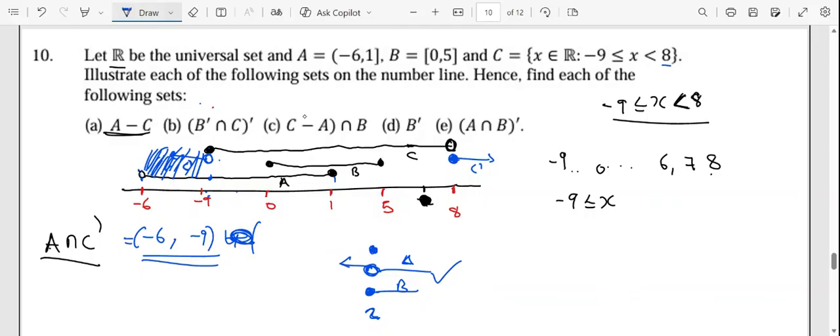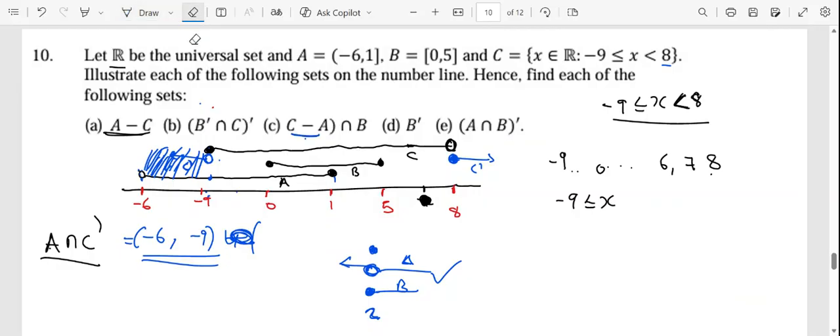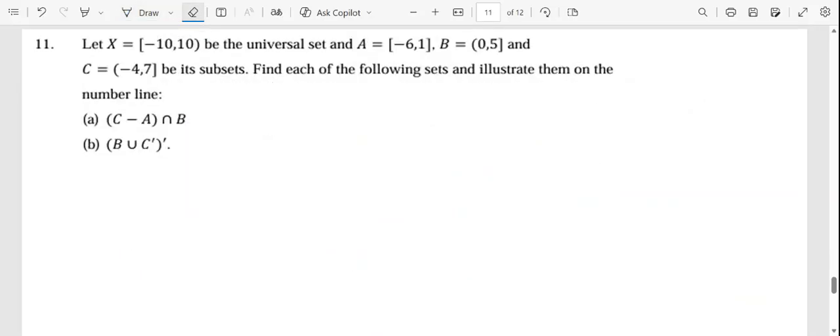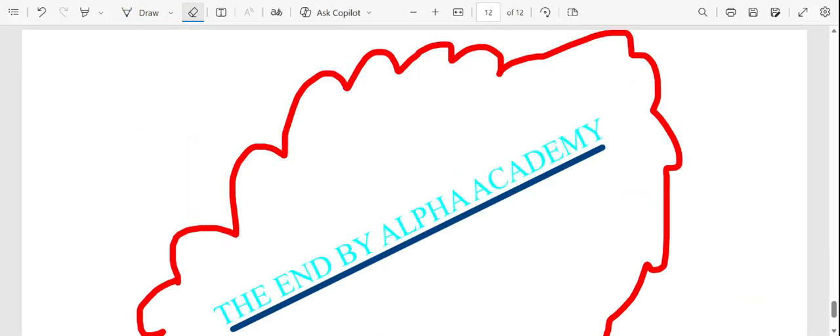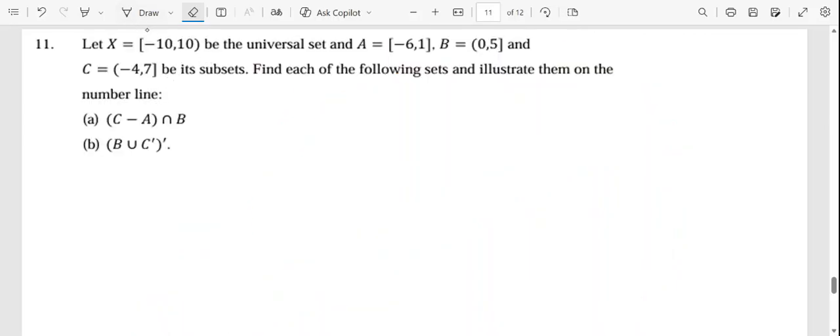So try these ones, rearrange this one, and also do the same. I know you're tired, but don't worry. Let me also explain what you need to do here. It's the same case. Try first. You will find each of the following.